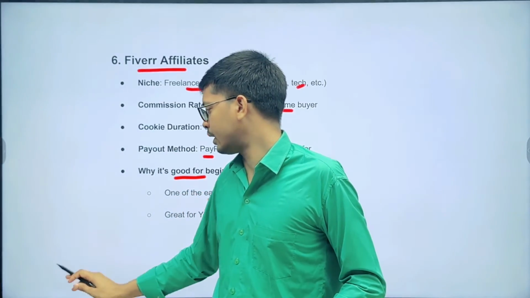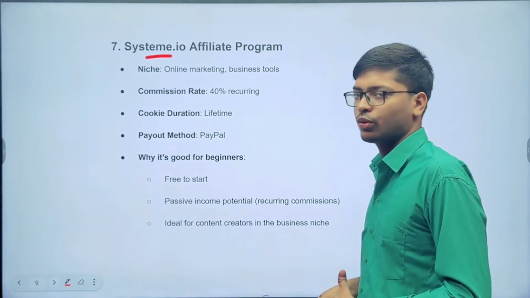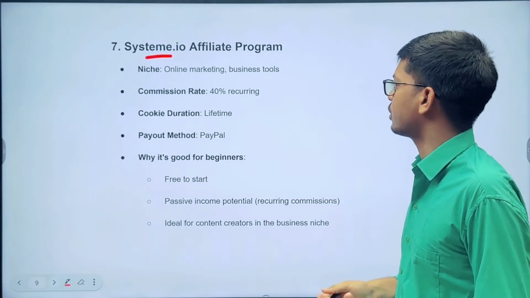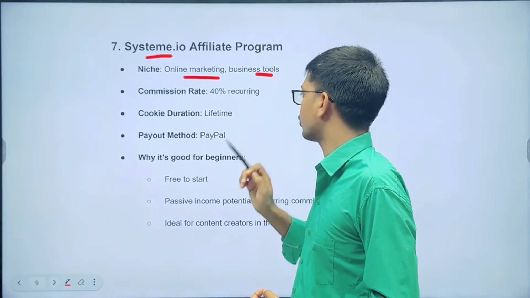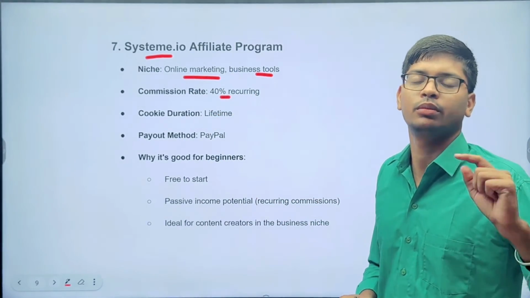Next, the Systeme.io affiliate program. This is for online marketing and business tools. Commission rate is up to 40%, which is recurring.